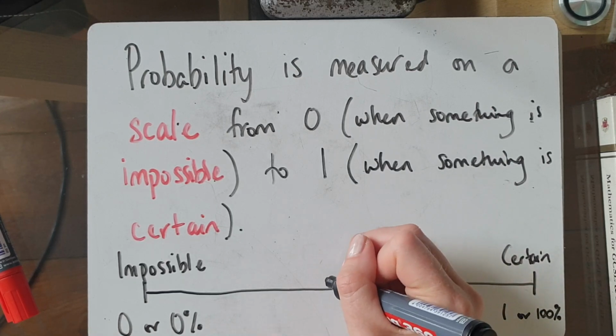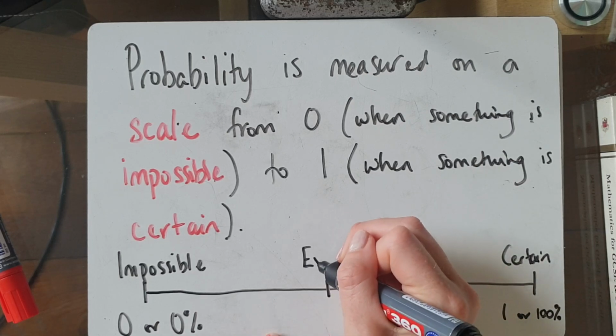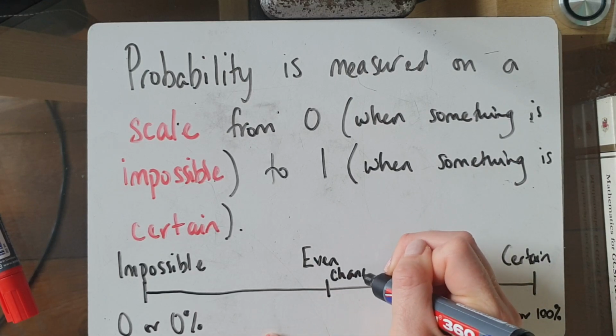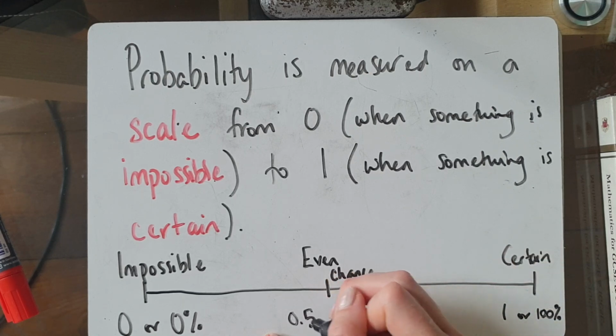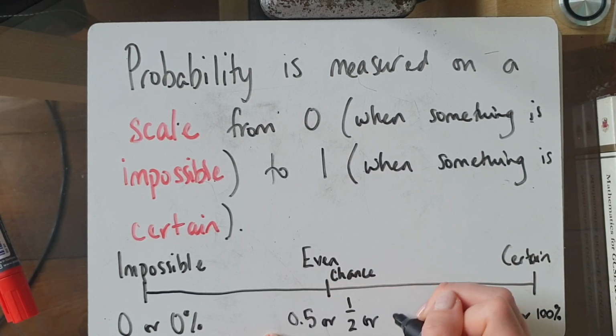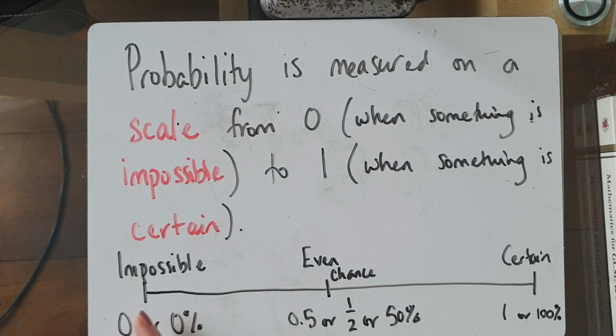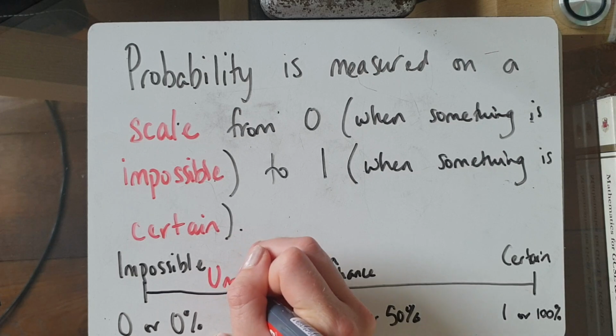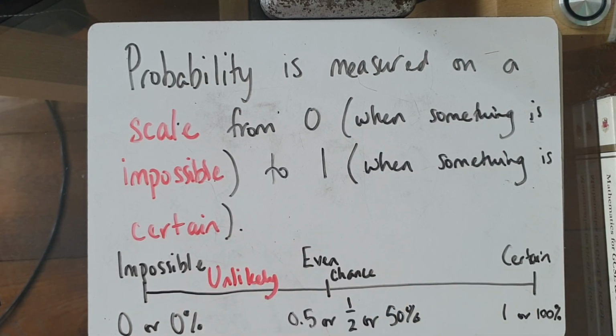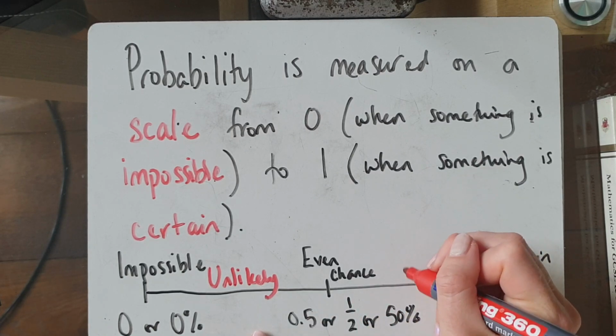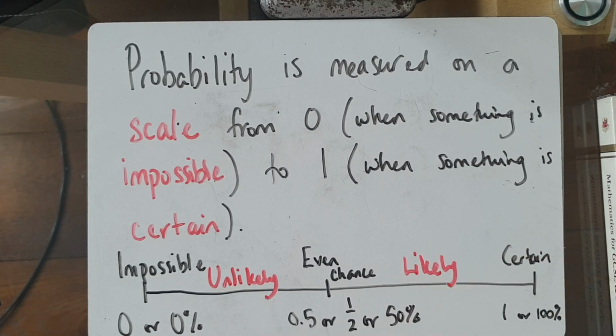Halfway between the two is even chance, which is 0.5 or a half or 50%. If we are this side between impossible and even chance, then the probability of something happening is unlikely. It's less than a 50% chance. If we are between these 2 points, then it is likely. So make sure you've copied this down as well, please.